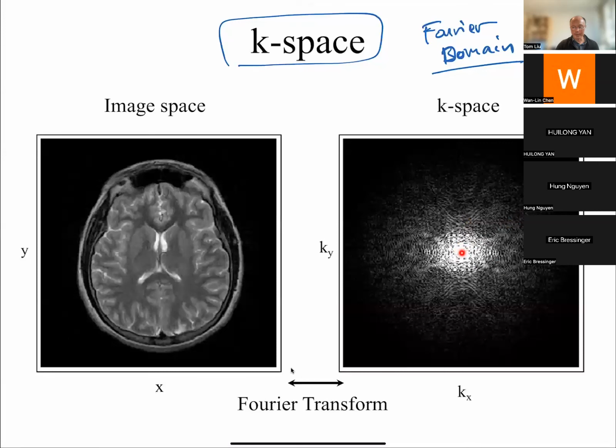All right, so the center of k-space represents the mean value of this image, okay? And then you can think of an image as a mean value plus lots of details added on top of that. The mean value typically is associated with the largest coefficient, which would be at the center of k-space.